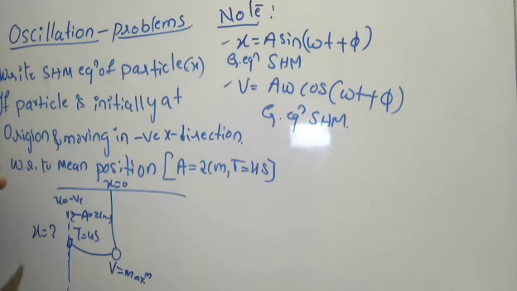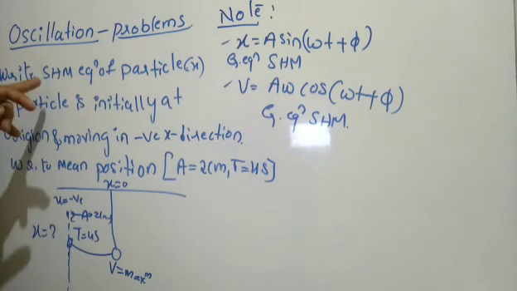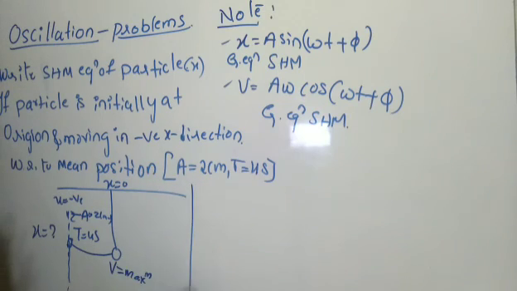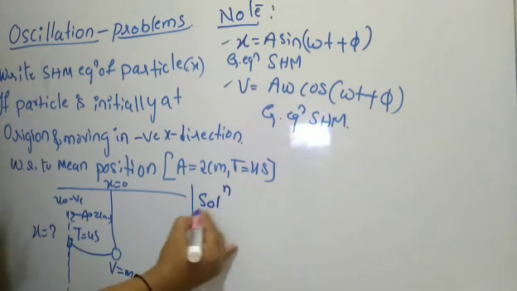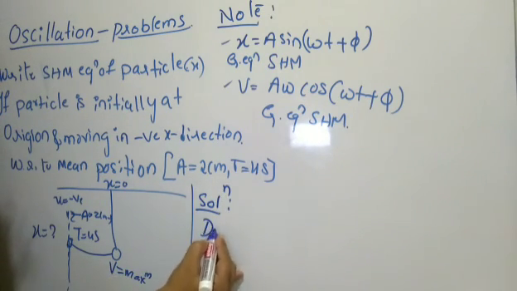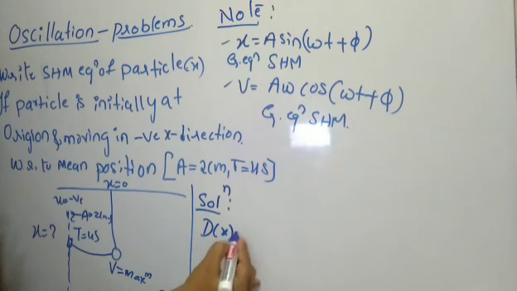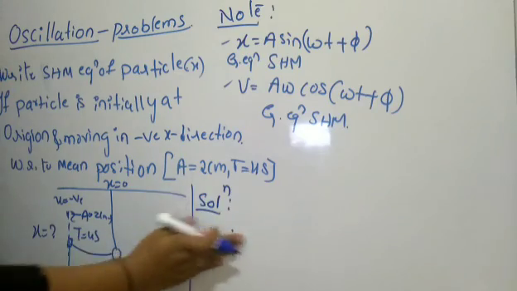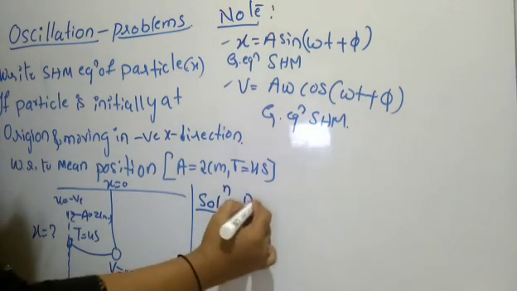With the help of that concept, we are going to find the simple harmonic equation of the particle moving in the negative direction. For the solution, we will start with the displacement x. First we'll go ahead with the displacement.